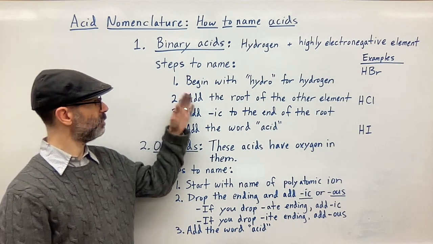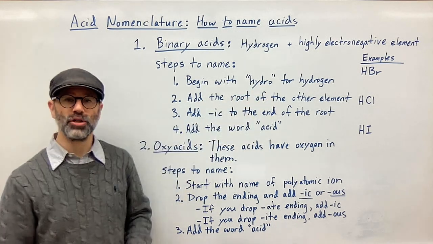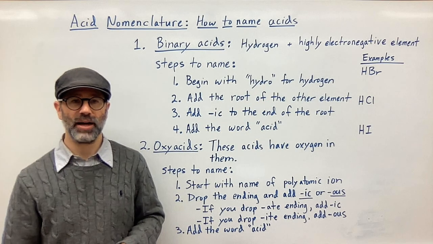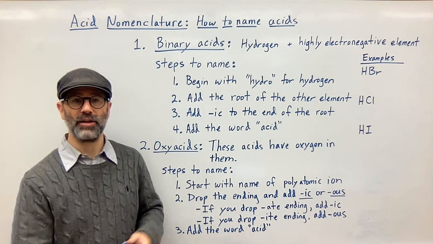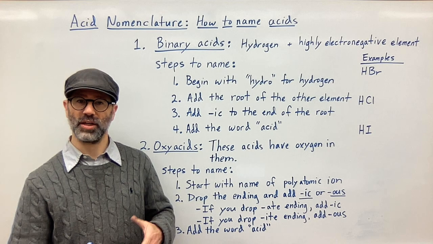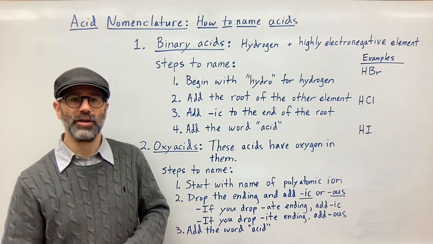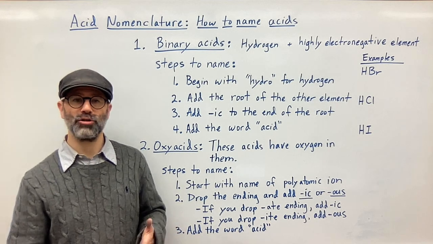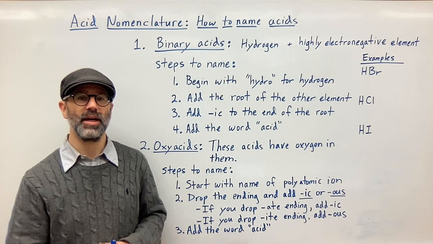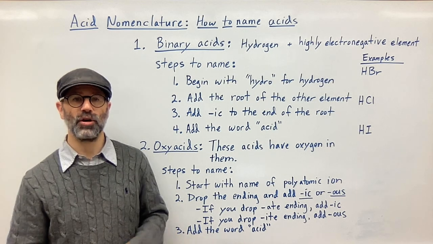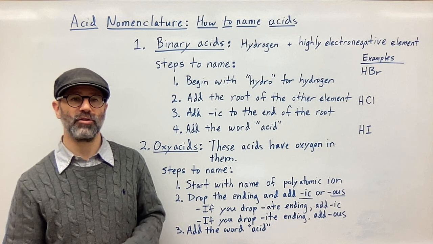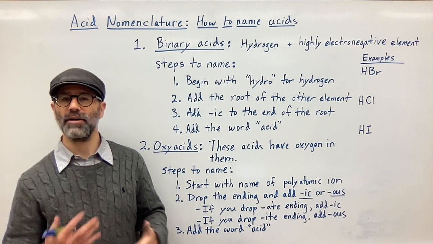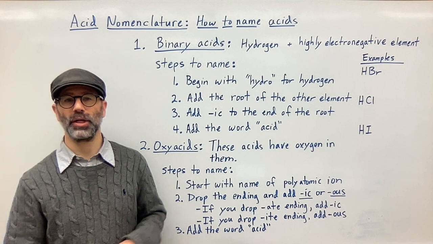Step one, you're going to begin with the word hydro. When you're naming a binary acid, all of those acids are going to begin with the prefix hydro. You can remember that by thinking hydro means hydrogen. That's one of the elements in your binary acid. The name should identify what is in the formula.